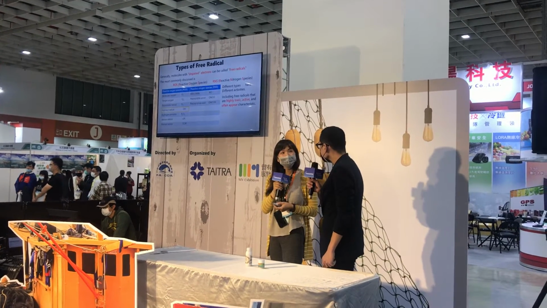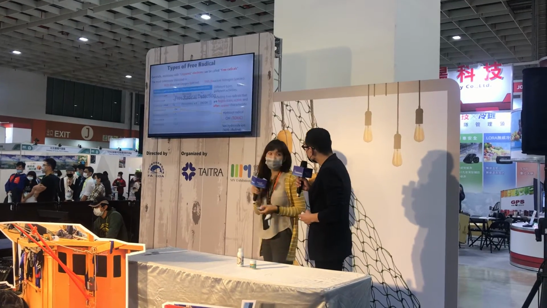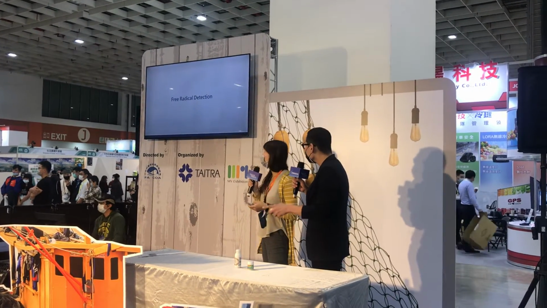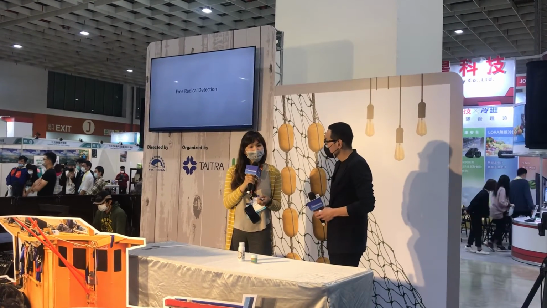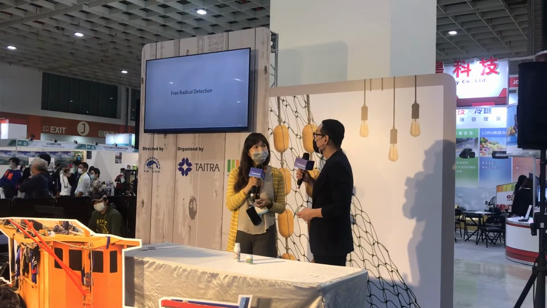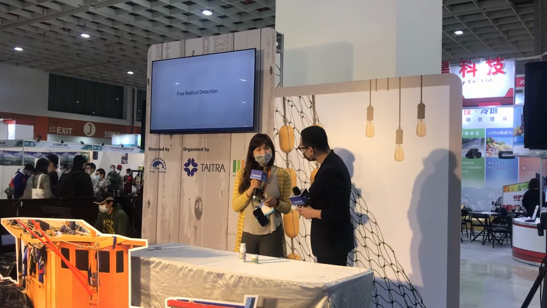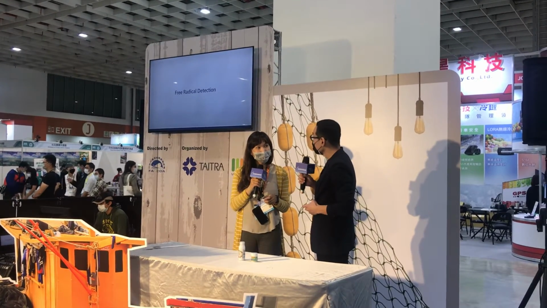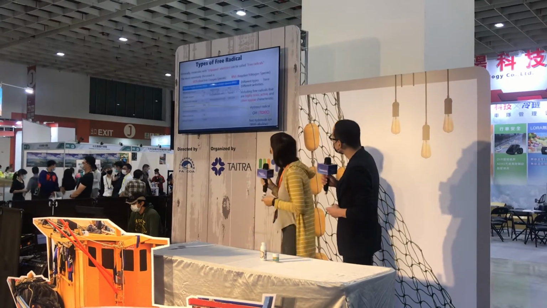This is very highly active and toxic. If the number of these free radicals is higher, that means it's really bad to us. So in our study, we detect the number of the superoxide to see if the water quality is good or not.